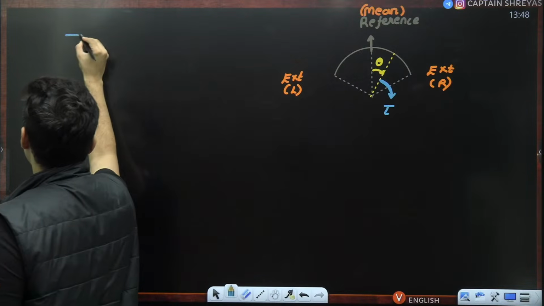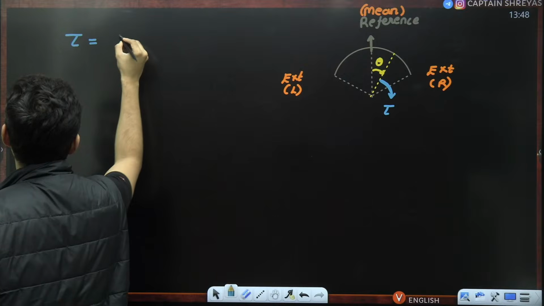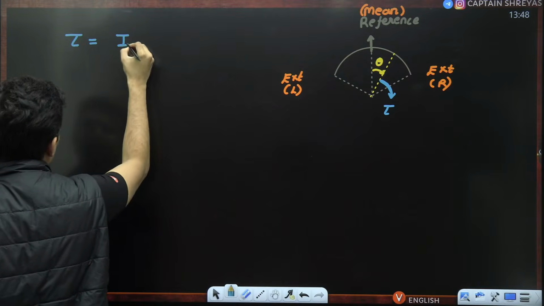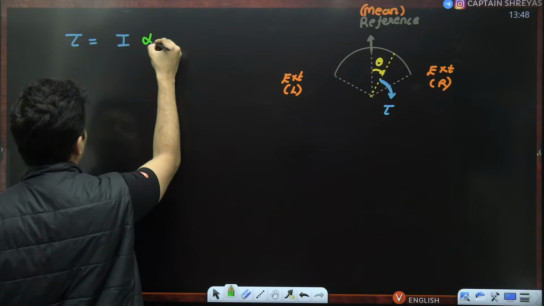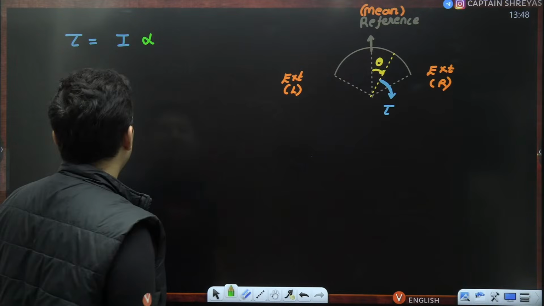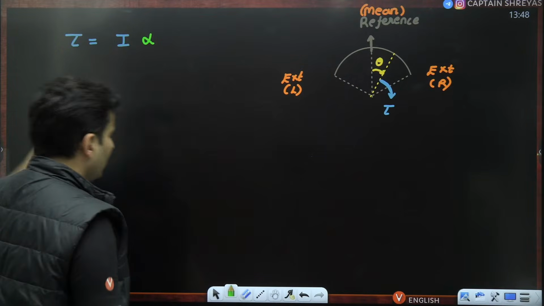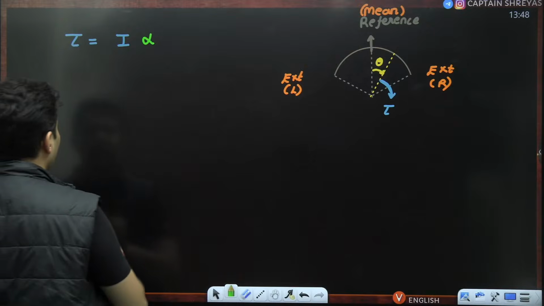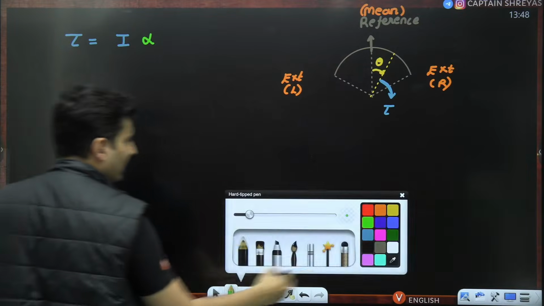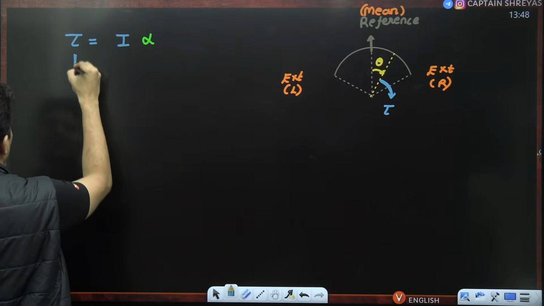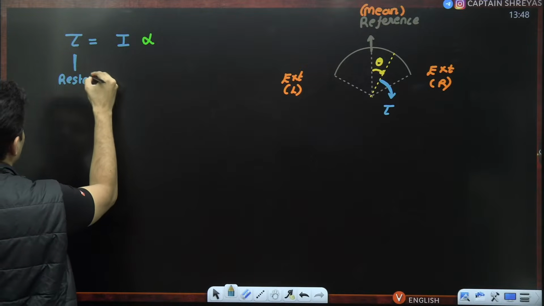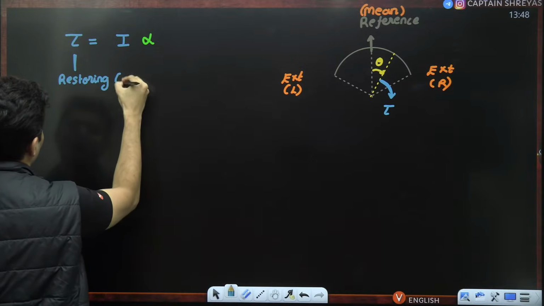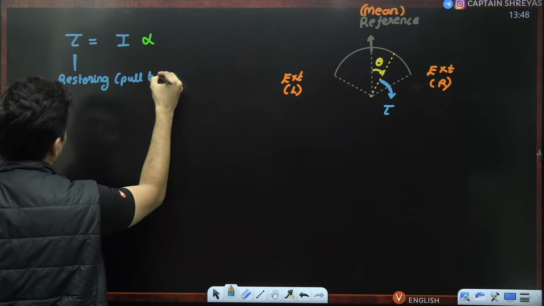So that torque will be moment of inertia into alpha. Not just that, that torque is restoring in nature. That means it will try to bring it back. It will try to pull it back.